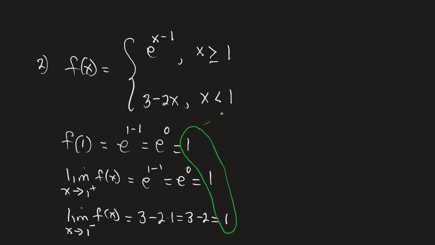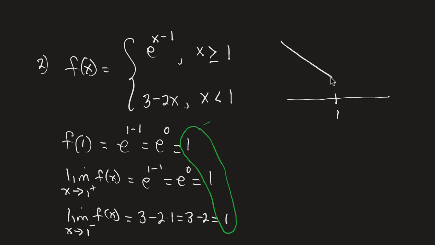Before I write that down, just to again give you an idea of how the sketch of this would look like. So at 1, the bottom piece here is a linear function that has a negative slope. So it's going to be decreasing. So it's going to go down and get to, well, actually, let me fix that here. Let's do this.